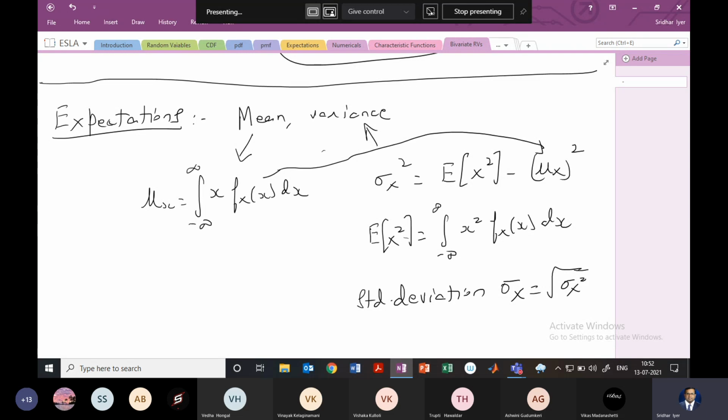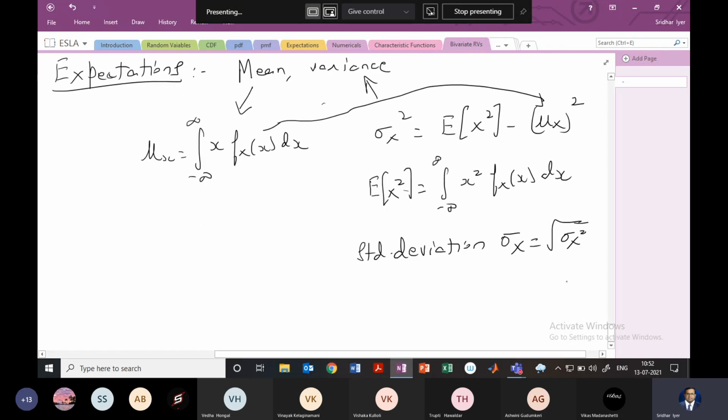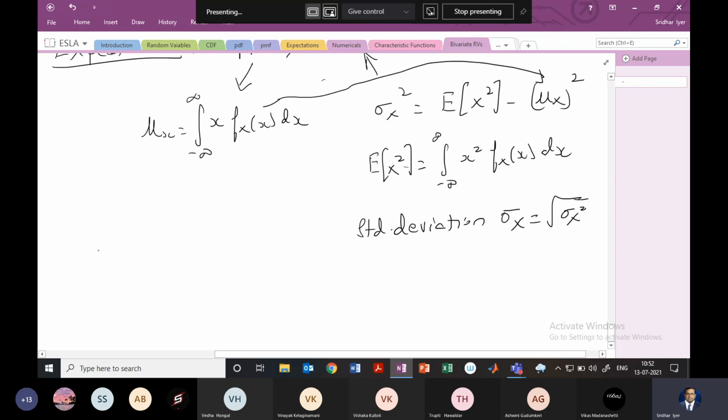However, in this case, we are dealing with multiple random variables or bivariate random variables. Therefore, we'll be interested in finding mu xy, which is also written as e of xy, because mu x can also be written as e of x.